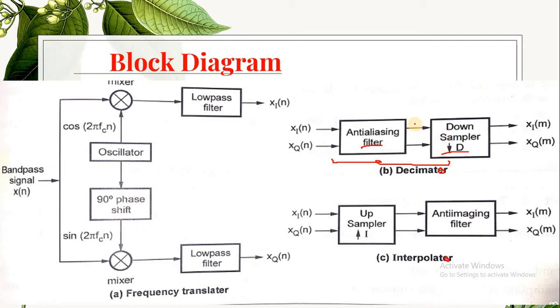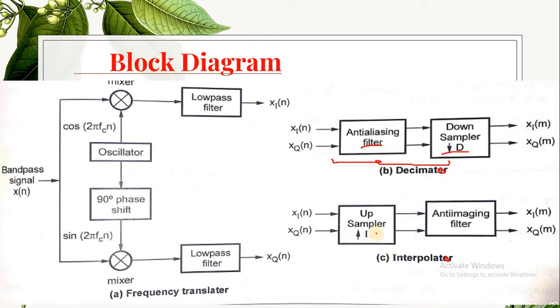Downsampler means we have to remove d-1 samples in the given input sequence, then we get the required output sequence. Then we get the outputs xi of m and xq of m.